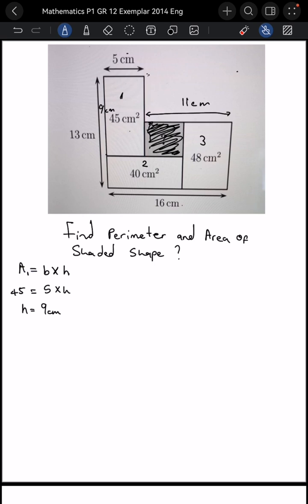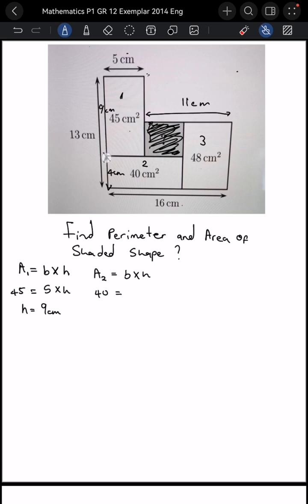All right, let's look at area number 2. We say area 2 is equal to also base times height. Area number 2 is 40, equal to the base. We do not know the base for that one, but we know the height, because if all of that is 9, all of this is 9, therefore this one that is left here is going to be 4 centimeter.